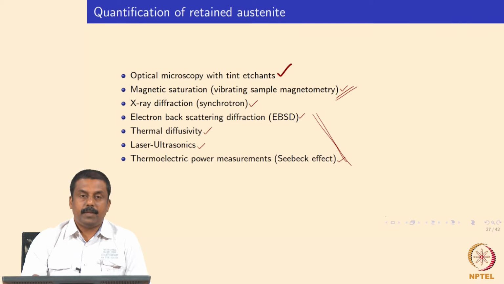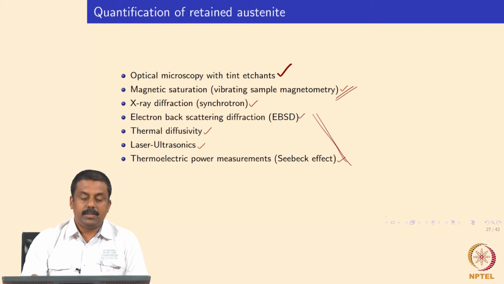For example, ferrite is ferromagnetic, cementite is ferromagnetic below the Curie temperature, and martensite is also ferromagnetic below the Curie temperature. So by measuring the quantity of the paramagnetic microstructural constituent, we can measure quantitatively how much retained austenite is present in the microstructure.